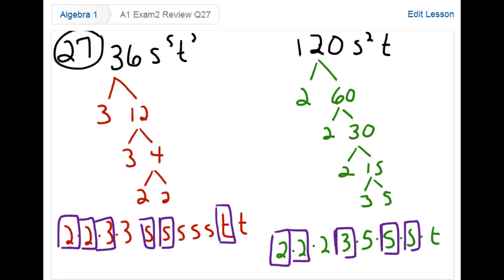Okay, so let's just look at one of them. So this is 2 times 2 times 3 times s times s times t. So 2 times 2 is 4 times 3 is 12. S times s is s squared, times t. So the greatest common factor is 12 s squared t.